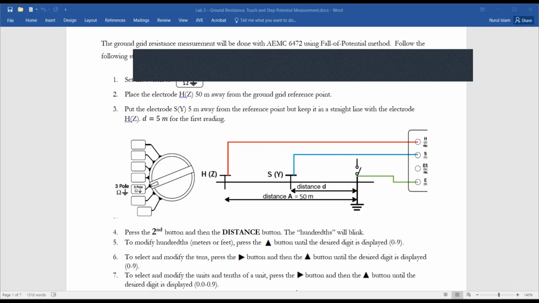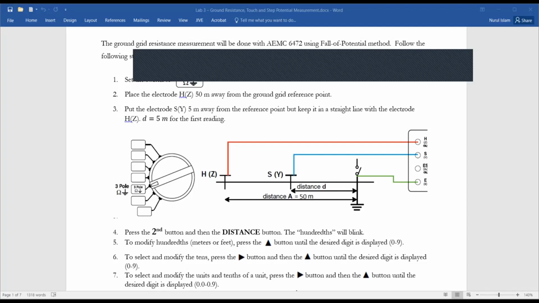For the grounding grid, we don't necessarily have to dig the soil and connect to the ground conductor. We can connect to any equipment riser which is connected to the grounding grid. So most of the time we use the neutral of the transformer, which is definitely connected to the grounding grid.